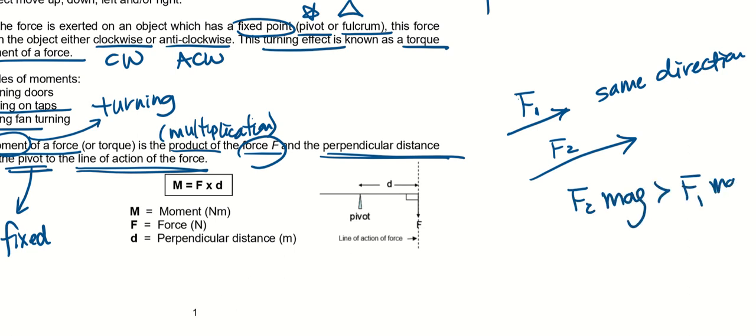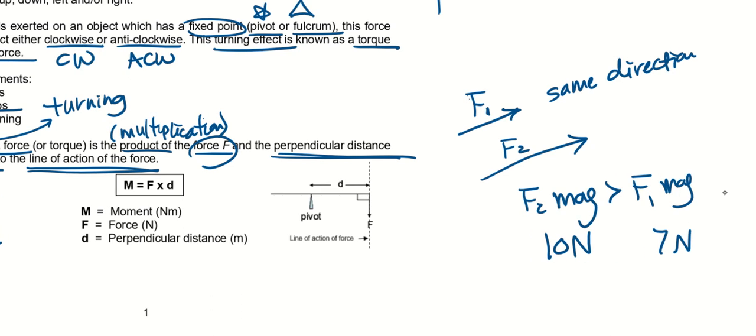Maybe F2 is 10 Newton, and F1 will be less than 10 Newton, maybe 7 Newton. With an arrow, we can show the direction of the force, and if we compare the lengths of the arrows, we can see that F2 has a larger force.